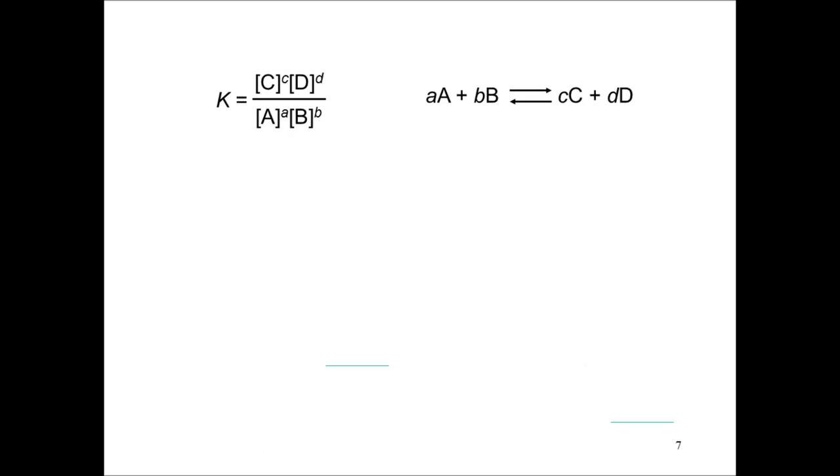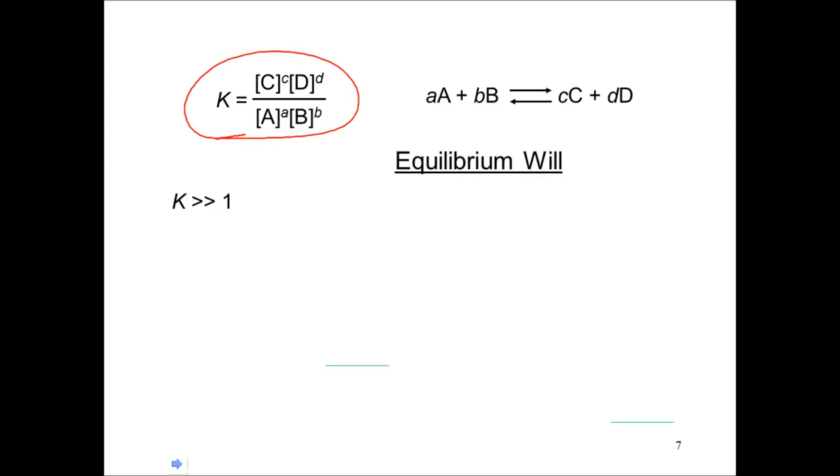On slide 7, let's explore this equilibrium constant further with our reaction. What we need to remember here is, if K is a lot larger than 1, what will the equilibrium do? If K is larger than 1, that should make sense mathematically.